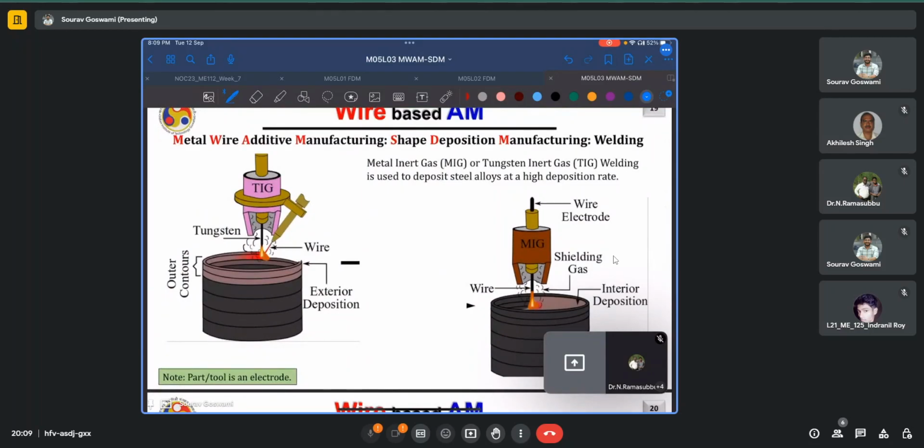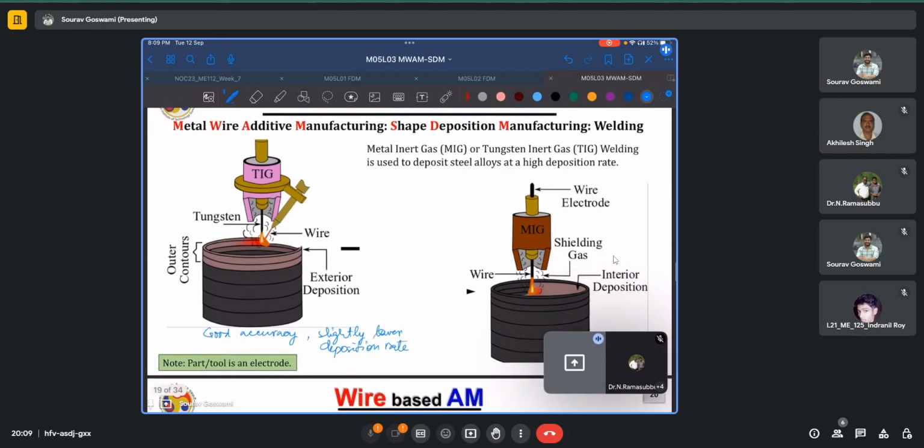Again, these metal wire-based AM processes may be used to deposit the materials at very high deposition rates. So if I need good accuracy but slightly lower deposition rates, I can opt for a TIG-based metal deposition process.